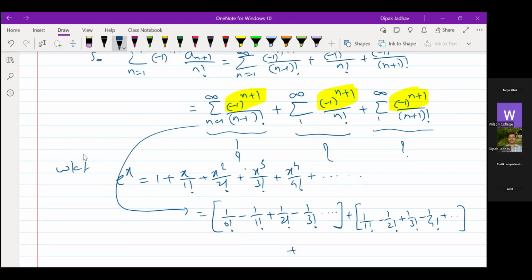What about the third expansion? Minus 1 upon 2 factorial, plus 1 by 3 factorial and so on. Minus or plus? Plus. Yeah, yes, good.